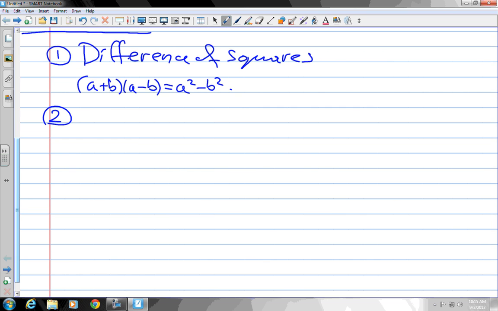Now, the second formula that we'll talk about is called square of a sum. So if you try to translate, this is the hardest part, translating the spoken word into math language.